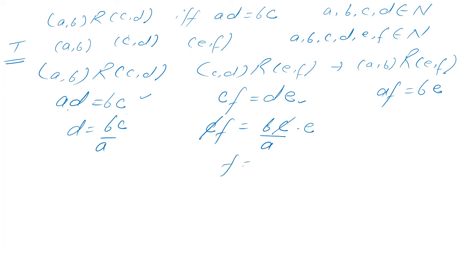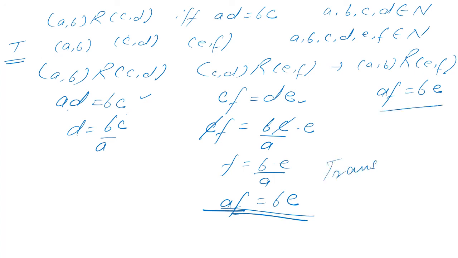So I get f is equal to b into e upon a. Taking a over here, I get af is equal to be, and this was the same expression as I am having. So this is a transitive relation. So as it is transitive, reflexive and symmetric, this is an equivalence relation.